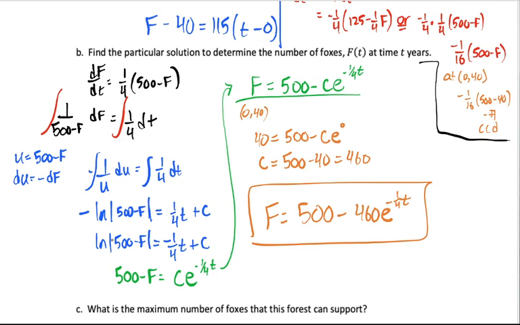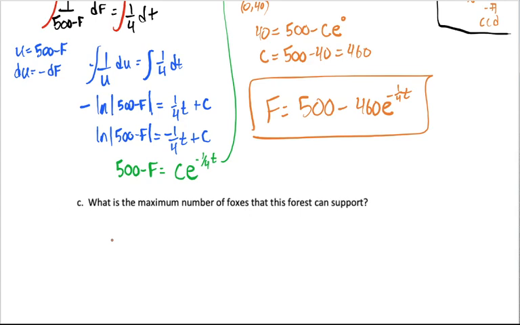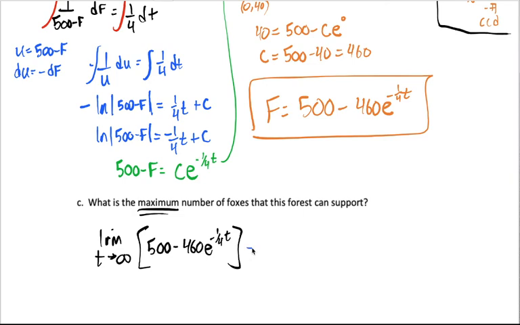And let's just see, oh, here we got that maximum one again. So we're just going to say that maximum is telling us to do the limit, as t goes on forever, of this function, so of 500 minus 460 e to the negative 1/4 t. So we'll do our same process here. I'm just going to direct substitute infinity and evaluate what happens when I have 1/4 of infinity.